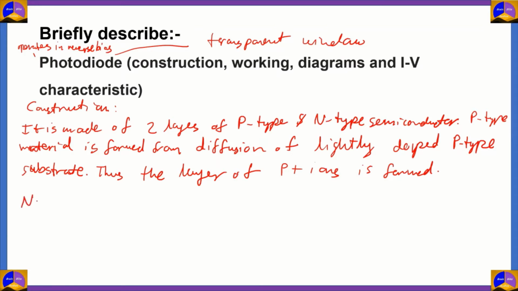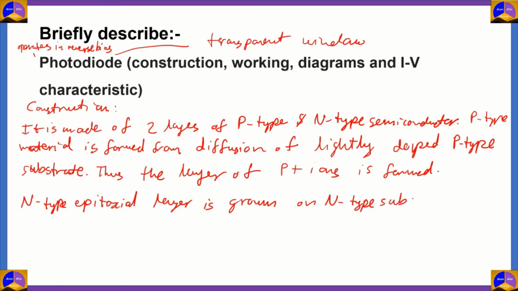Now, the n-type epitaxial layer is grown on the n-type substrate. So that means you have two layers, a substrate and a material layer for p-type, a substrate and an epitaxial layer for n-type.